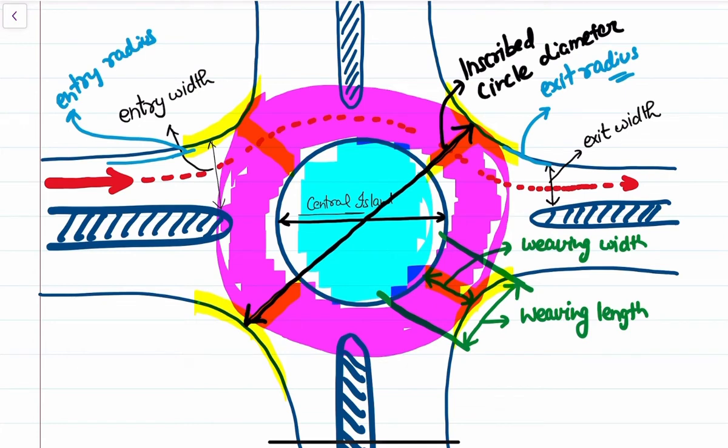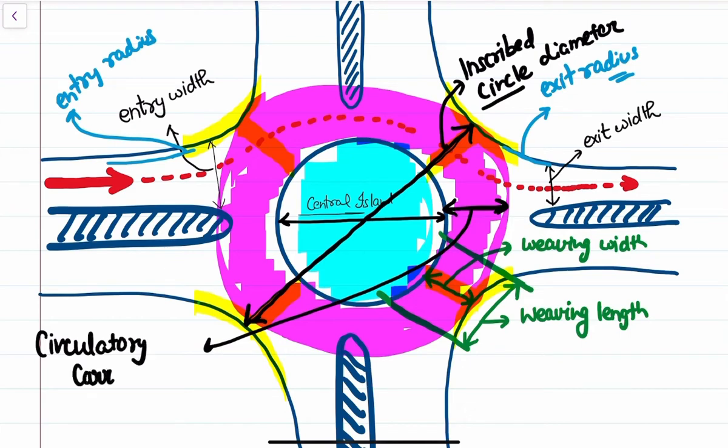And this width between the inscribed circle and the outer edge of the central island is what we call the circulatory carriageway width.